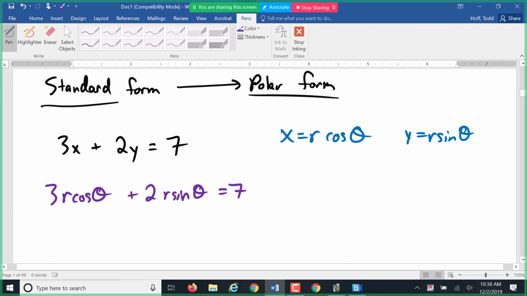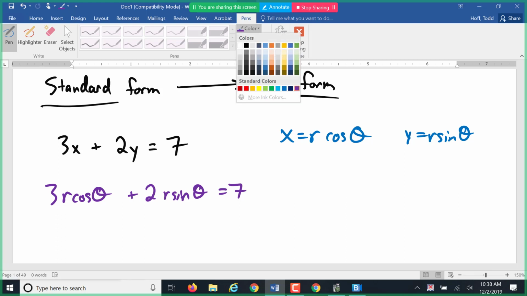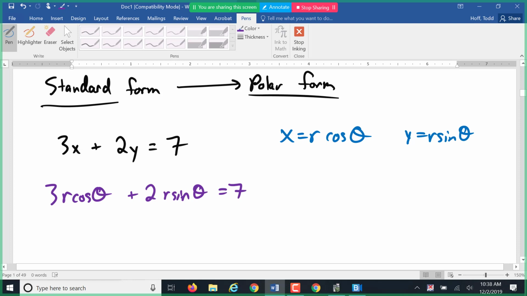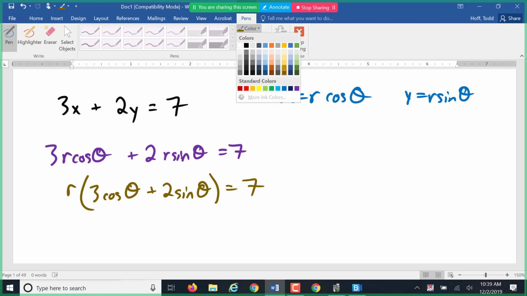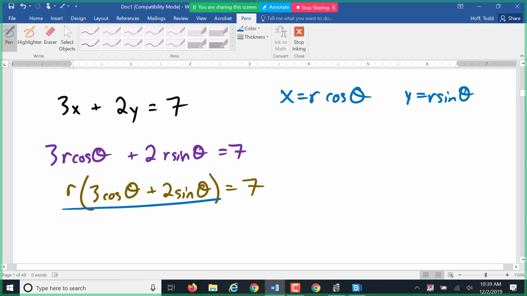Now we don't know r and theta, but we can solve. Let's solve this for r. So what I'm going to do is I'm going to factor r out of this. R times 3 cosine theta plus 2 sine theta equals 7. And then I'm going to divide by the 3 cosine theta plus 2 sine theta.